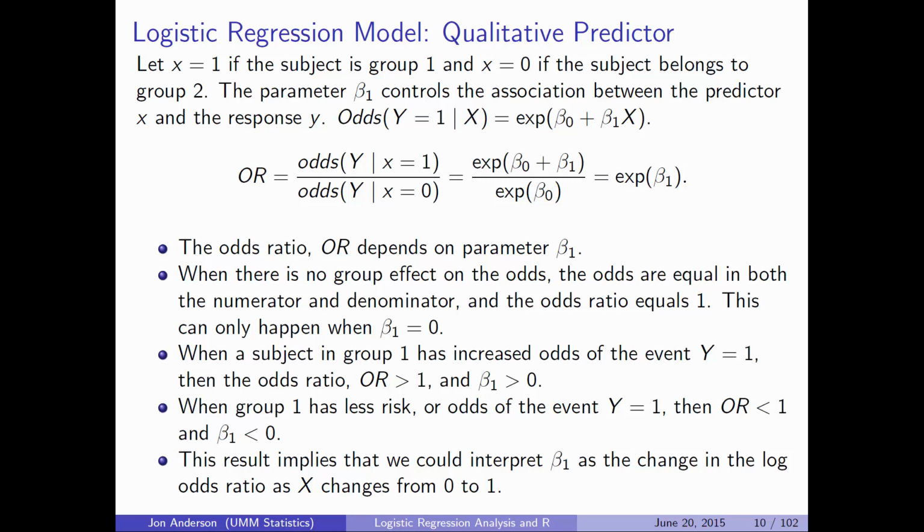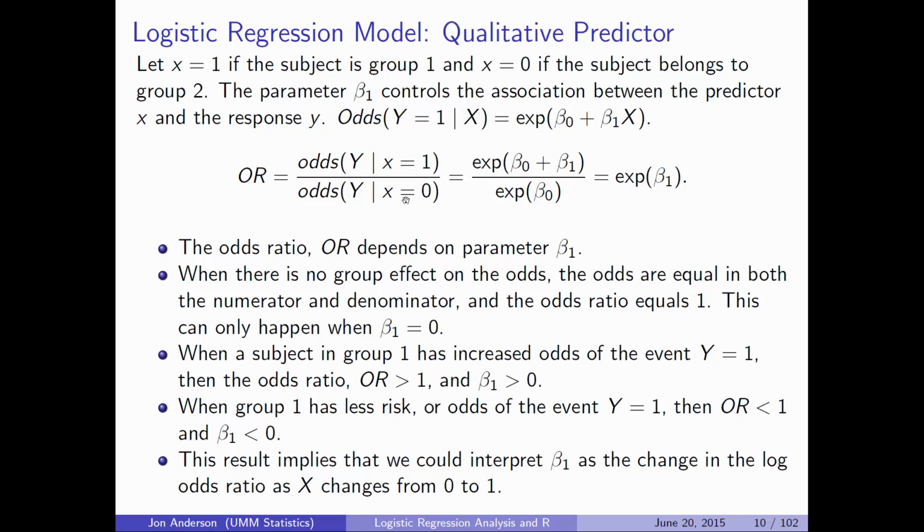Let's take a look at a particular kind of single predictor, one that is two groups. So x equals 1 means that an individual is in a particular group, and x equals 0 means it's in another group. Could be something like males and females.